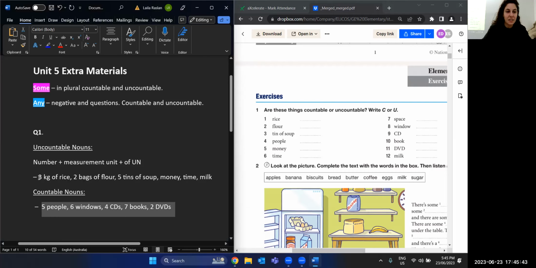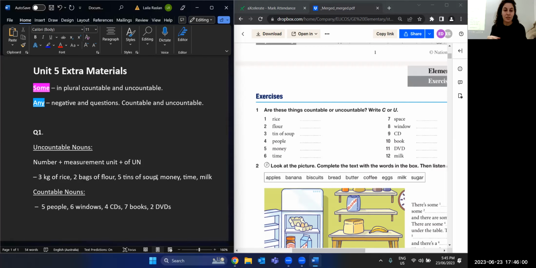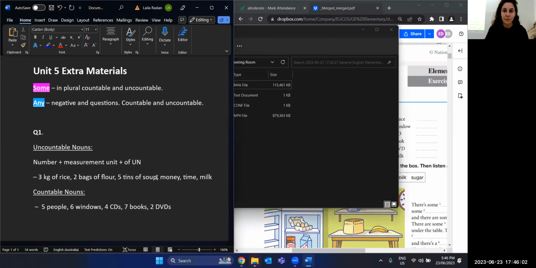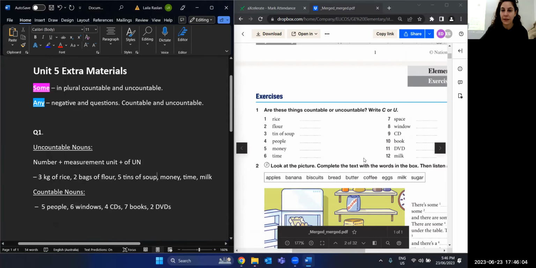But these ones, I need to put a number, measurement of rice, 2 bags of flour. There's no S at the end of these. So 100%. Any questions before we move on with the countable and uncountable? No?